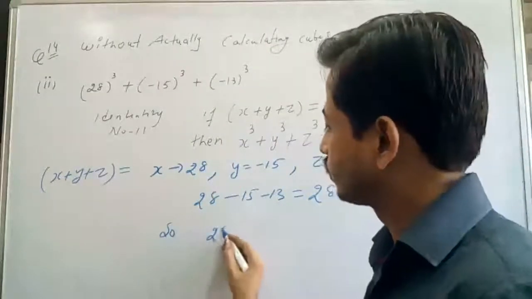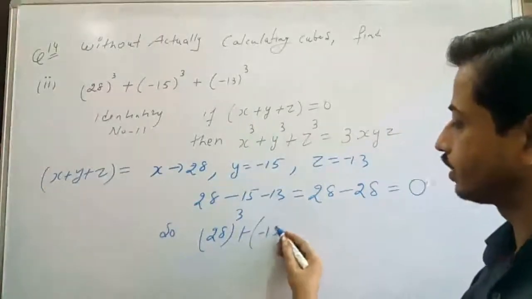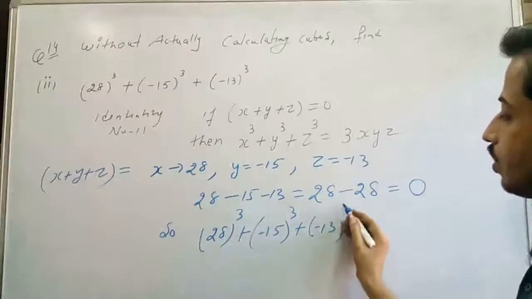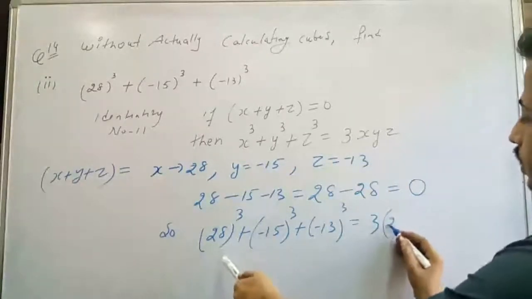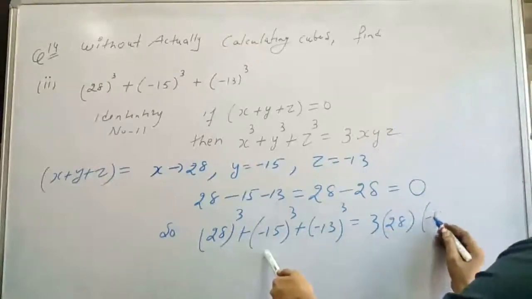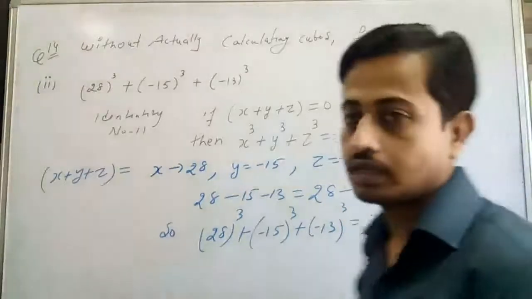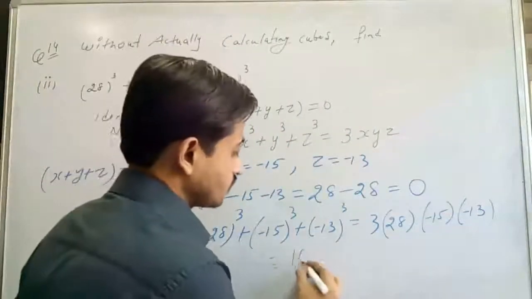So what we have? 28 cube plus minus 15 whole cube plus minus 13 whole cube is equal to 3 multiply x. x is 28. y is minus 15. And z is minus 13. Now multiply, and how will we get? The answer is 16,380.